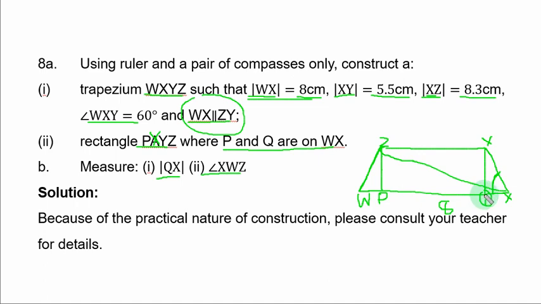From this Q, you measure this place, QS, and angle SWZ. You measure the whole of this angle and you get your result. Remember that you measure angles using a protractor. So this is a rough sketch of what you are asked to do.